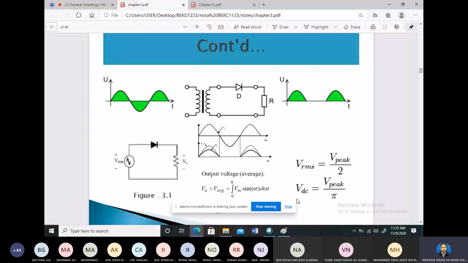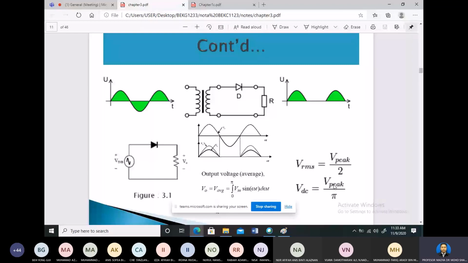Maybe you can, for example, take our V peak. We just give an example: our V peak is 300. So 300 divided by 2 gives 150 V RMS. Then to calculate the VDC, we know it is V peak, 300, divided by pi.